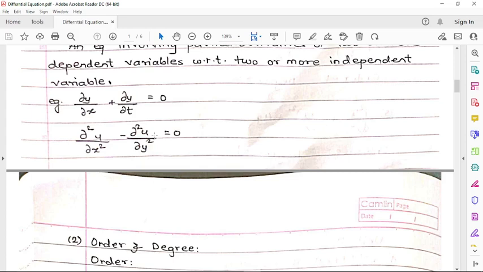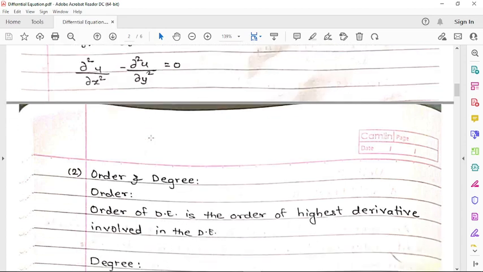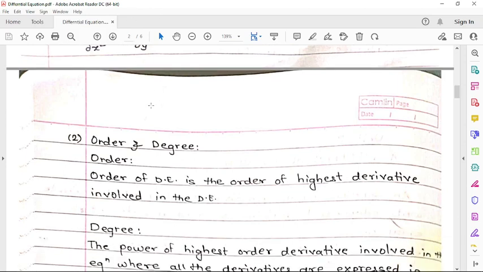Okay, so in this way we can classify a particular differential equation as ordinary or partial just by counting independent variables. Okay, then the second category. In the second category we have to classify a differential equation in terms of order and degree, right?